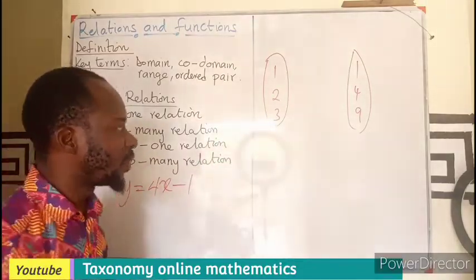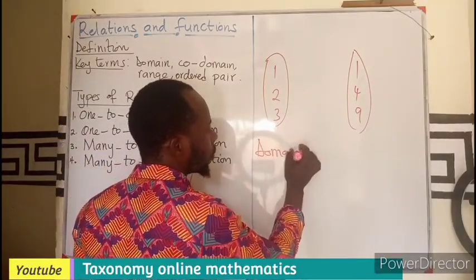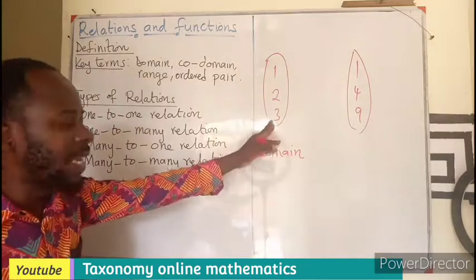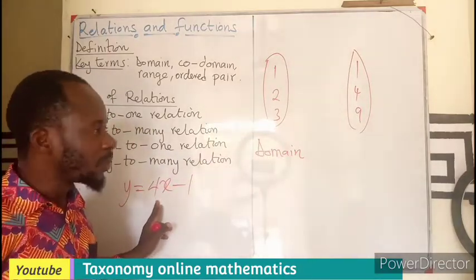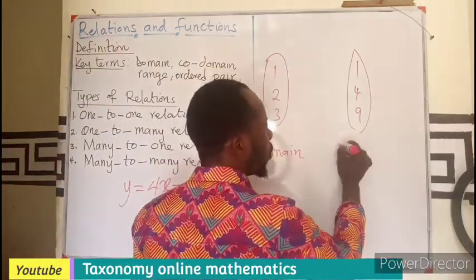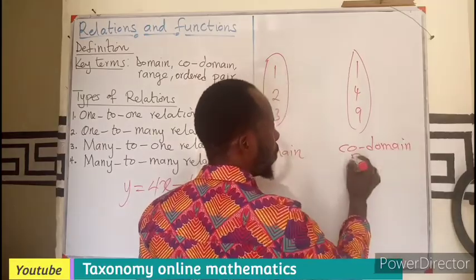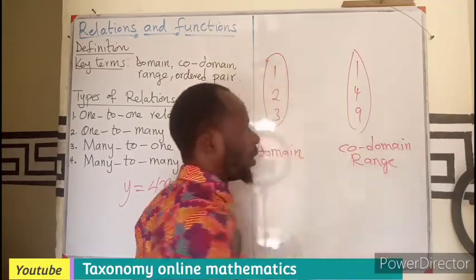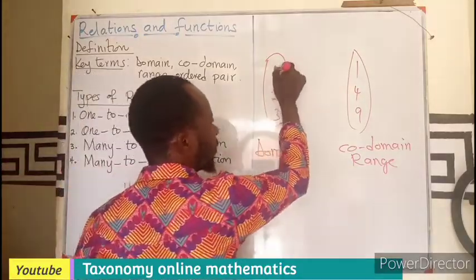The first set is what we are calling the domain, which in this case is the independent variable. Then the second set is called the codomain, or better still, we can call it the range.